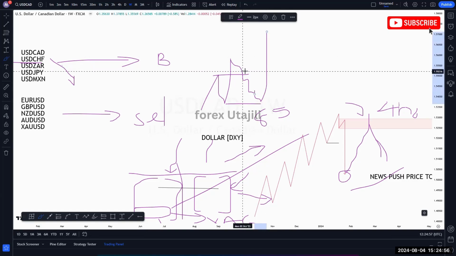Price will just add that momentum to push it more. The difference is that news only adds volatility in the market and also pushes price to the nearest available areas of liquidity.